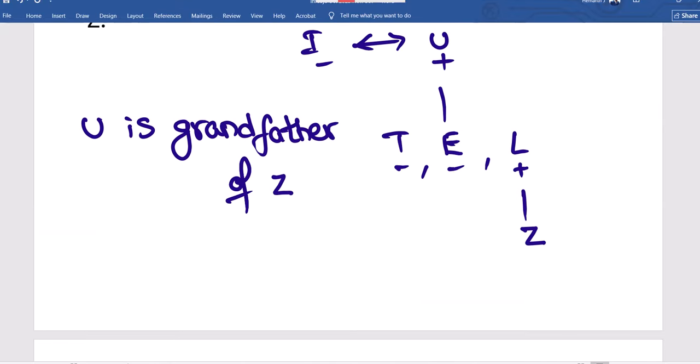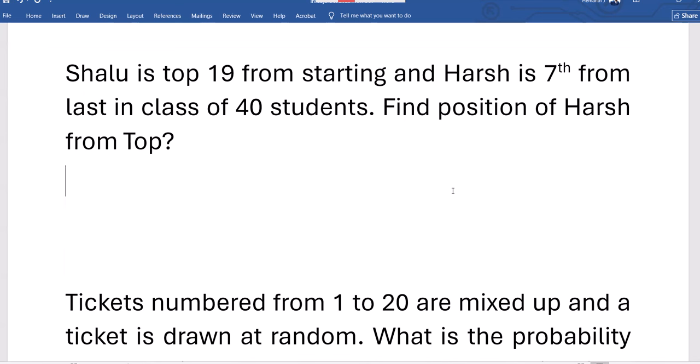Right. In this question they have given some confusion in the first line, but here the question is, is the total given in the question? Yes. And what are they asking? Harsh from top. In the question Harsh from last is already given.